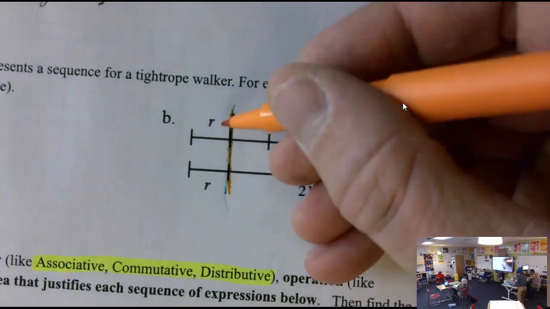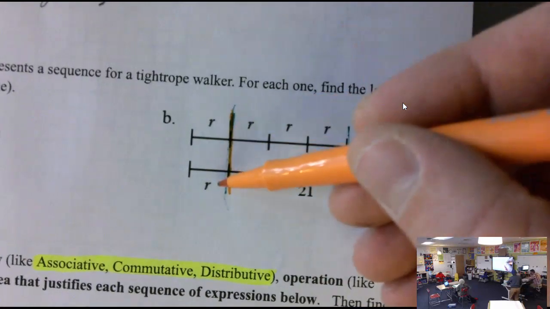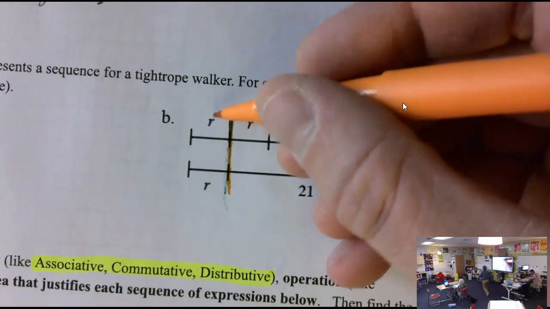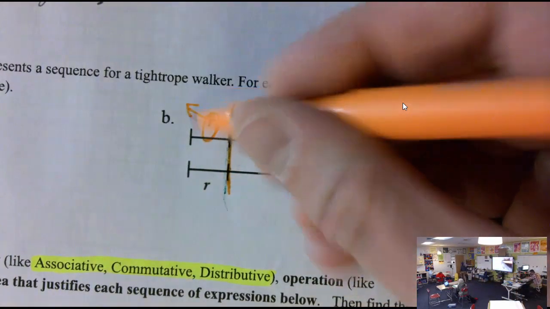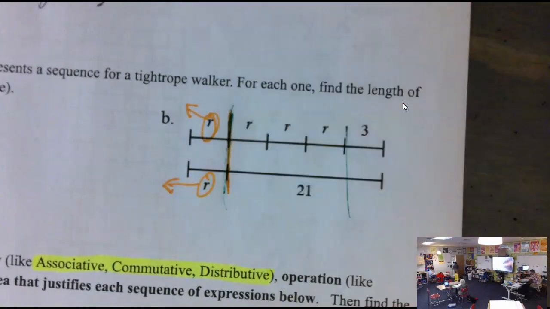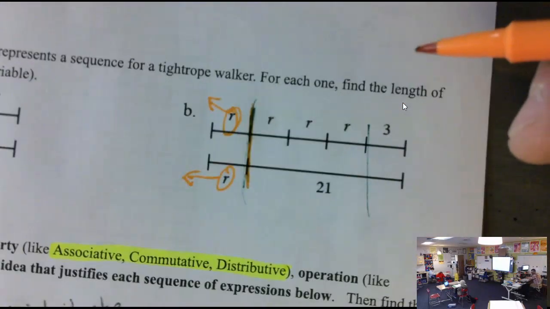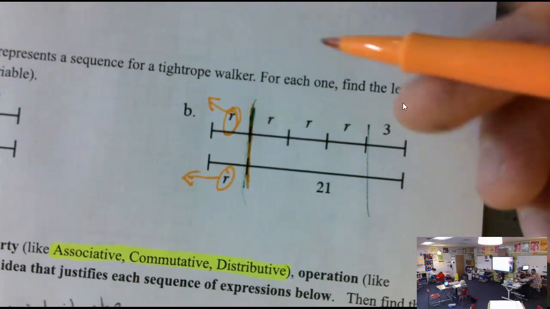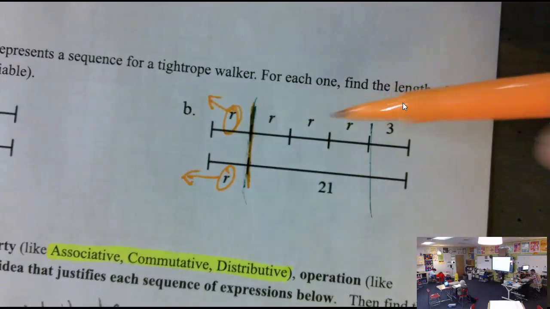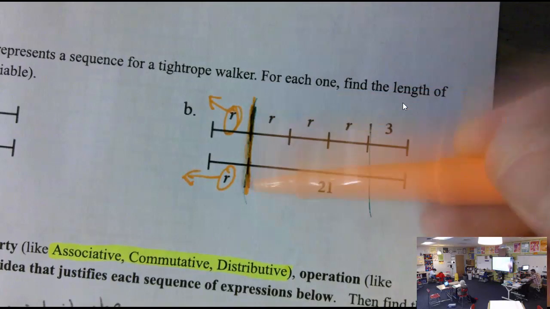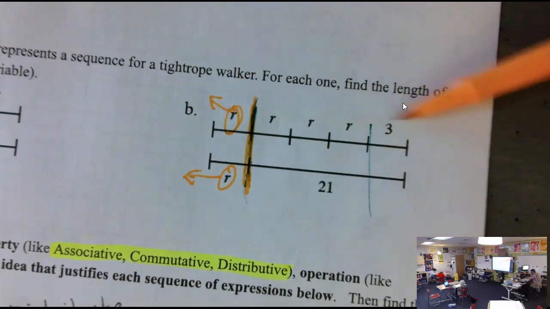What's this here? R is on the top tightrope and the bottom tightrope. So I can take R off of both tightropes. That would be like subtracting the same thing from both sides, my Math 8 people, right? That's algebra. So now my tightropes are only what's on the right of my orange pen.